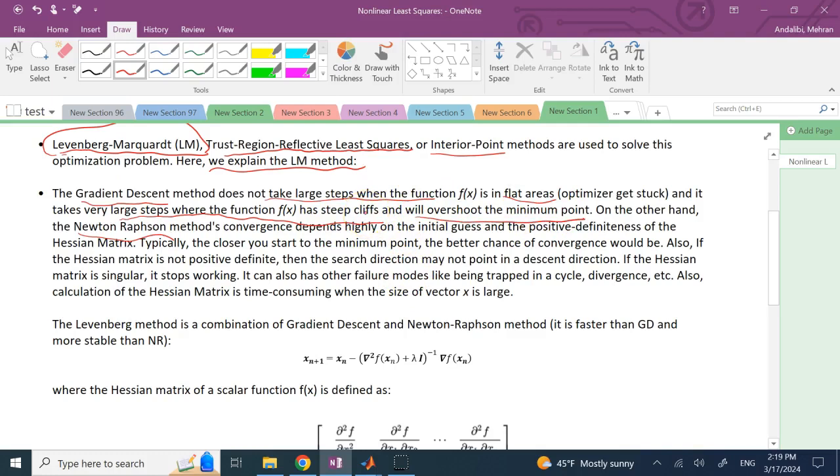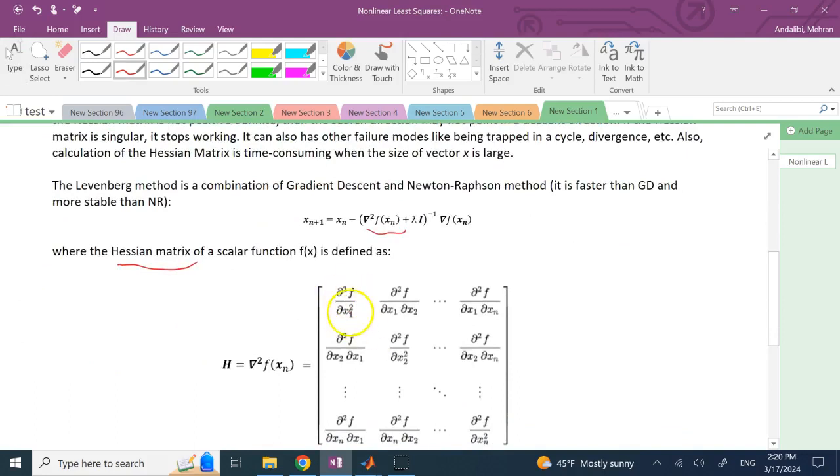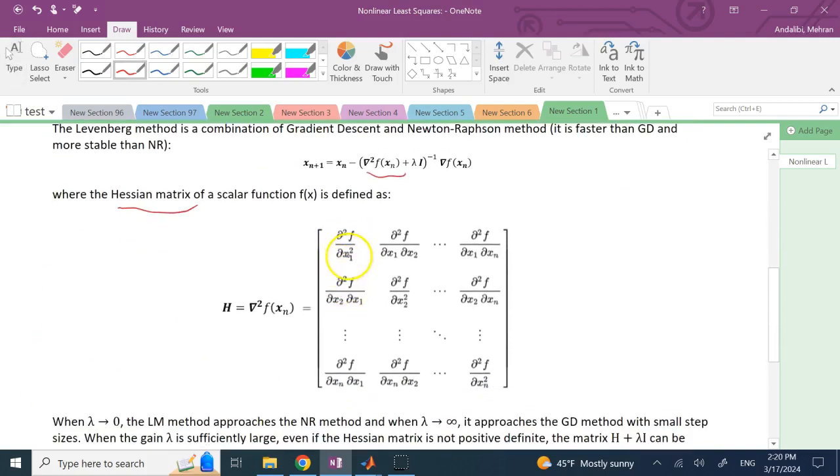On the other hand, gradient descent depends on the gradient, as the name says. Newton-Raphson, on the other hand, depends on the second derivative of the function, which we call the Hessian matrix. And the Hessian matrix for a scalar function of so many components, from x1 to xn, these are the entries of vector x, is this second-order square matrix.